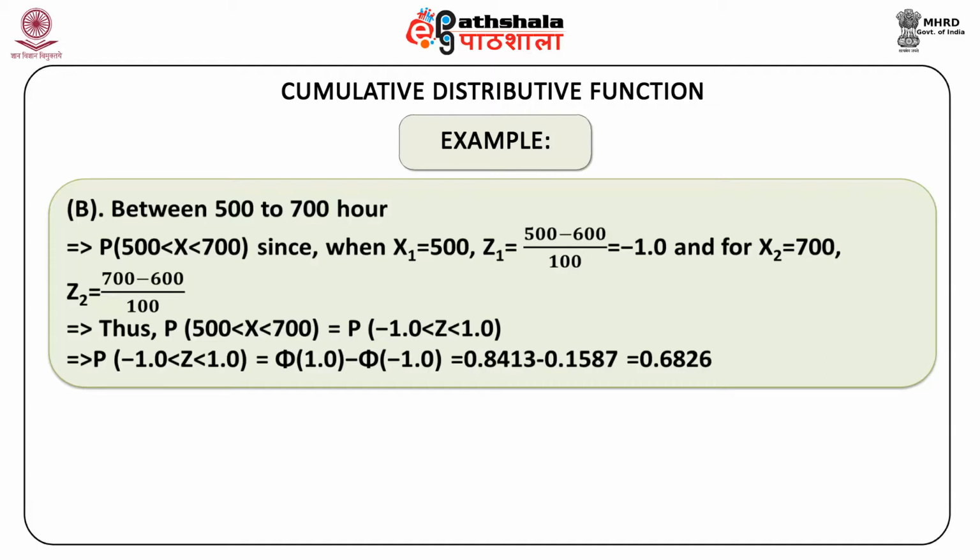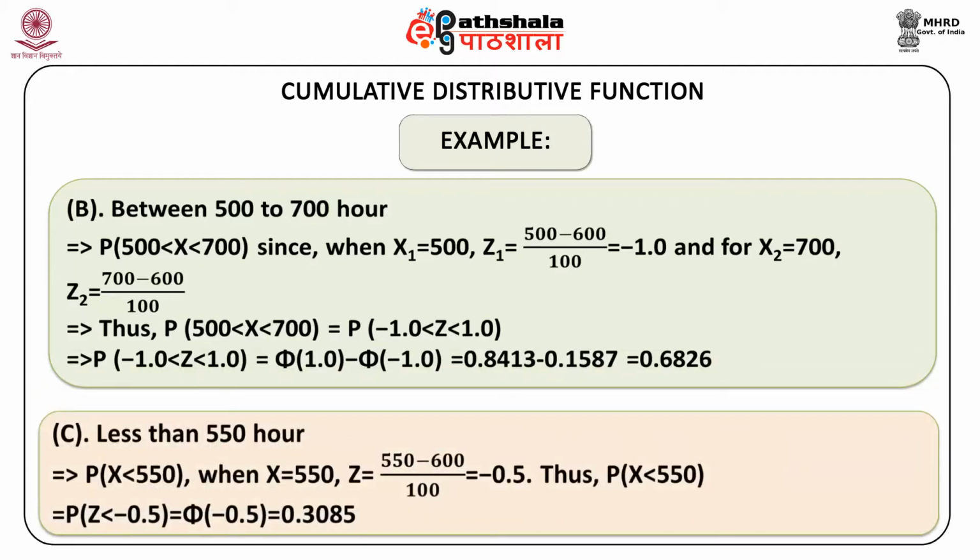This also confirms the 10th property of the normal distribution, that mu plus minus 1 sigma, which is equal to 0 plus minus 1 into 1, which is equal to plus minus 1, covers approximately 68.27 percent of the total observations.